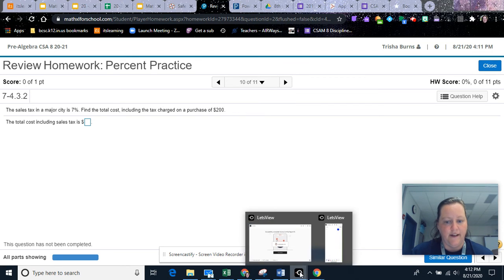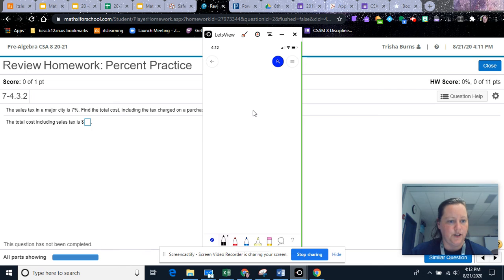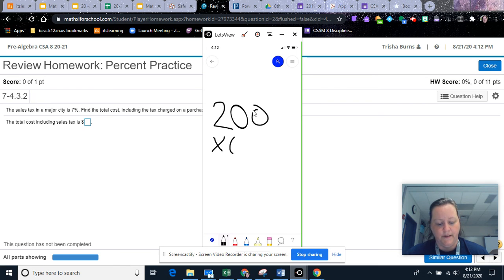Okay, so we have a $200 purchase, and it says that the sales tax is 7%. So to find how much the sales tax would be, it would be 7% of $200. So of means multiply.